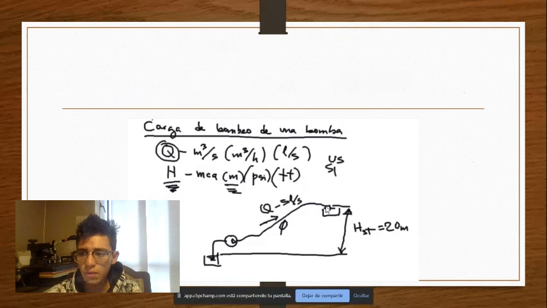Surely we all know that centrifugal pumps have two fundamental characteristics.